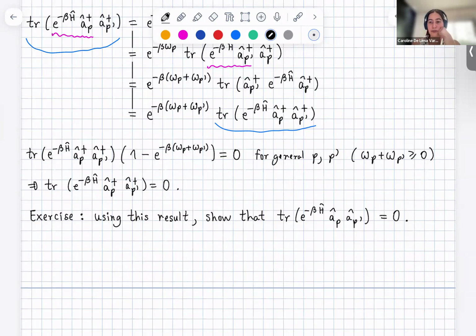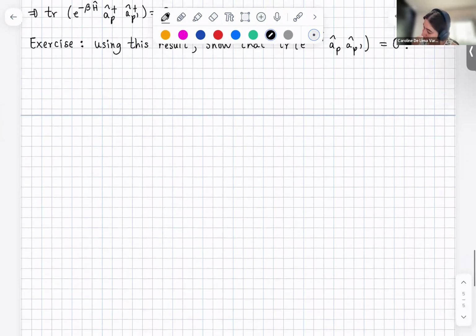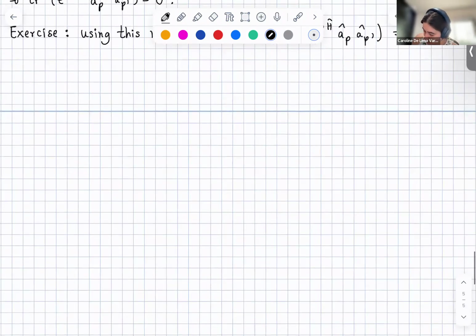So now we need to compute two more terms. So what would be these other terms that we need? The cross terms. So let's see. We have the trace of e to the minus beta H times, say, the creation first, and then the annihilation a_p' here. Okay, so again, we're going to use the pink identity.